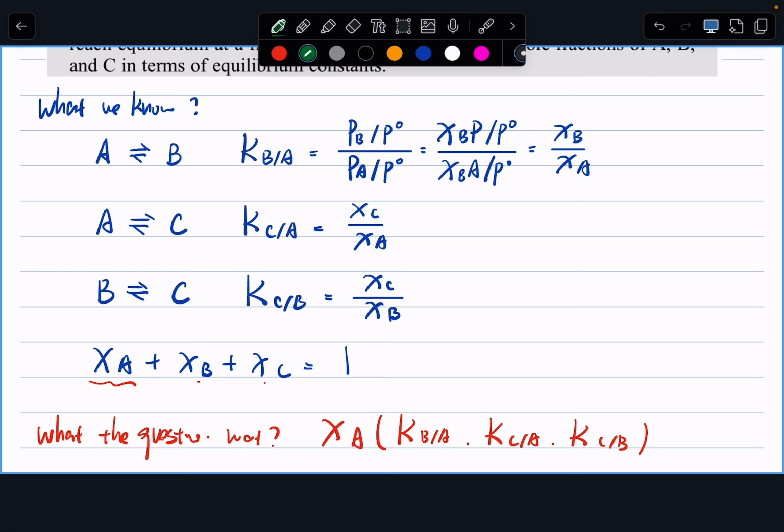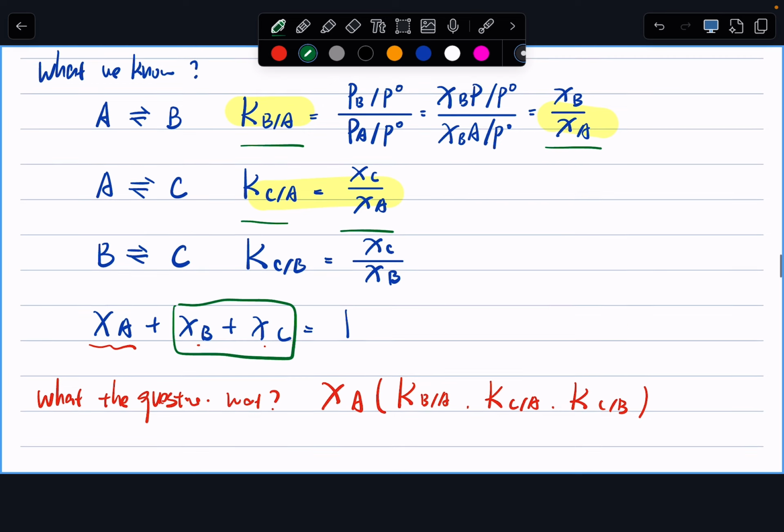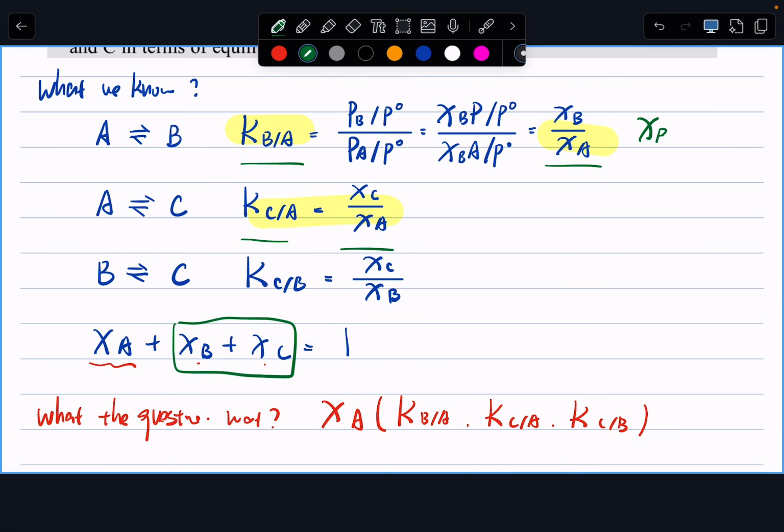So what if we express chi_B and chi_C as functions of chi_A and the equilibrium constants, using these two relationships? For the first one, we have chi_B equals chi_A times K_BA. For the second one, we have chi_C equals chi_A times K_CA.